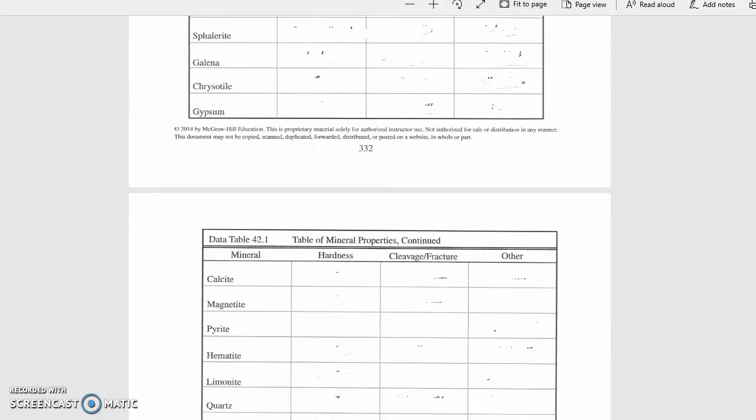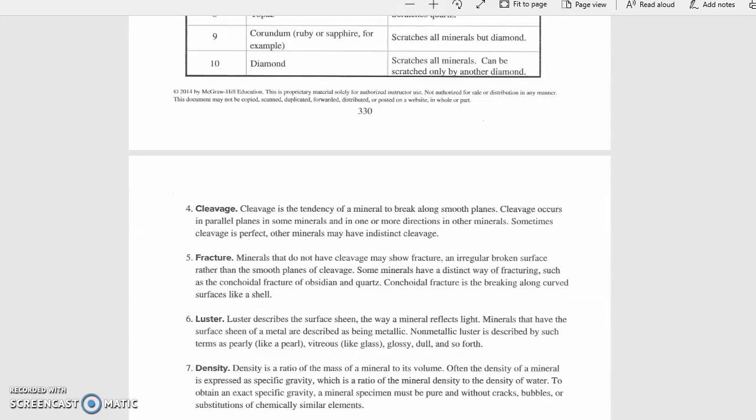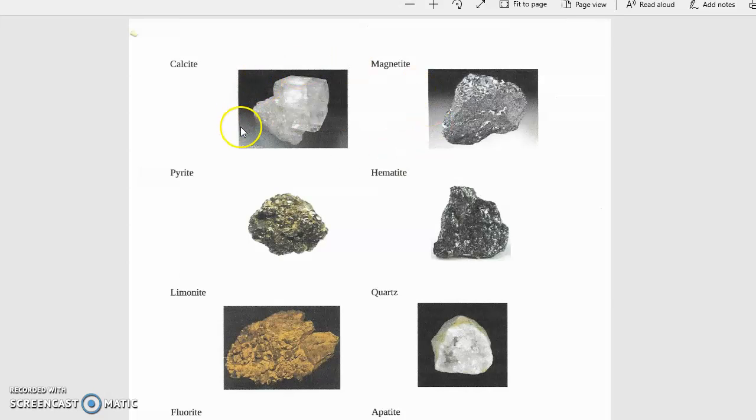You'll see that this starts off with calcite again, and now we're looking at the properties of hardness, cleavage, and then other. I'll be describing them, and you will be filling out this particular table while at the same time looking at the minerals that we have right here.